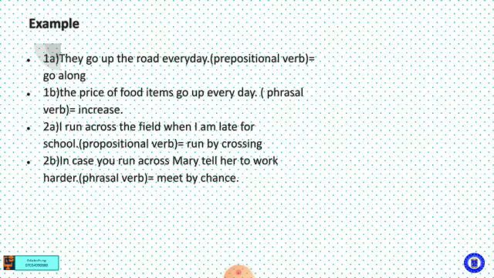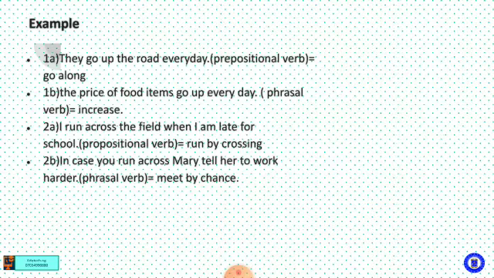But in the case of the second sentence, it says, in case you run across Mary, tell her to work harder. Run across Mary is the phrasal verb. Here, it doesn't mean that you should run across Mary by applying speed to your movements on Mary's body. No, it means in case you see Mary by chance, okay, tell her to work harder.